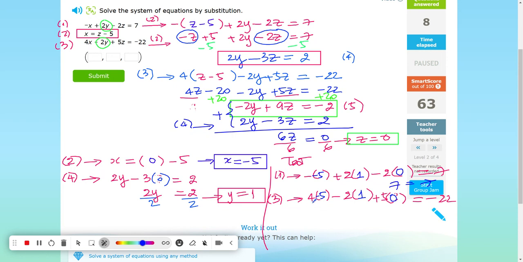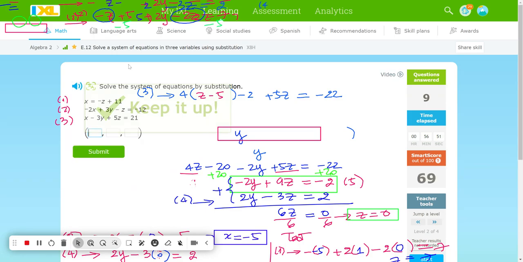So you can see 4 times negative 5, negative 20 with negative 2 become negative 22. So negative 22 on both sides. So I am correct. So let's put in the box. So x go first. X at number negative 5. Y as number 1. And then z at 0. Okay. Submit. I'm done.